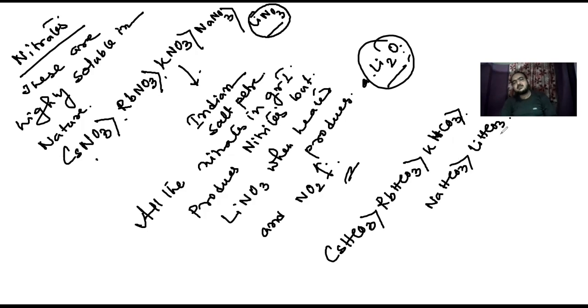As the electropositivity increases, the ionic nature also increases, and they will have a high amount of melting and boiling points. So you should remember for the carbonates and bicarbonates, going from top to bottom, the thermal stability increases continuously, but lithium always behaves differently due to its smaller size, high ionization potential, and higher electronegativity compared to the rest of the elements in that group.